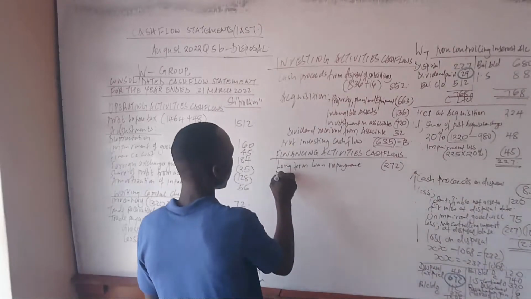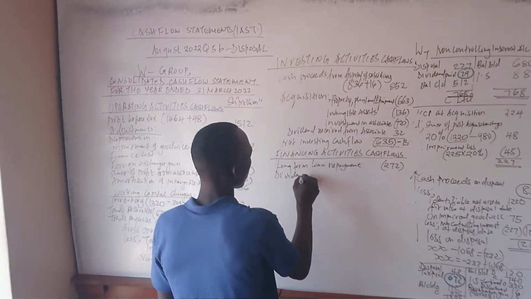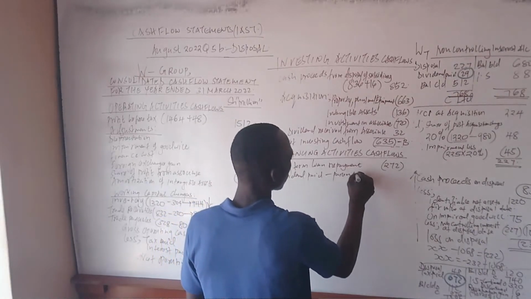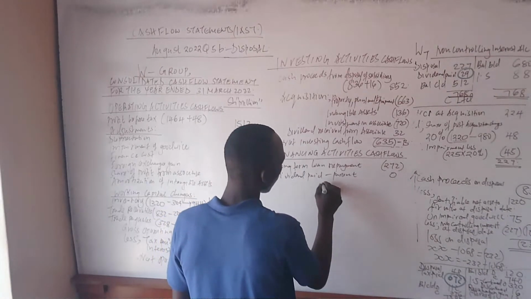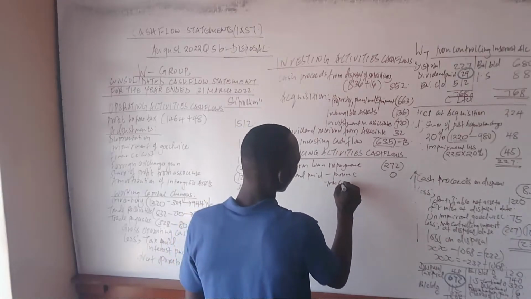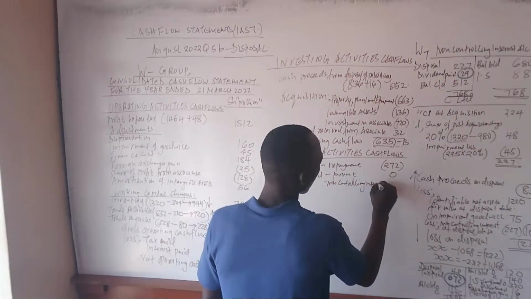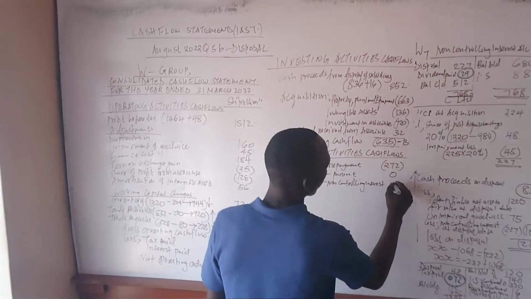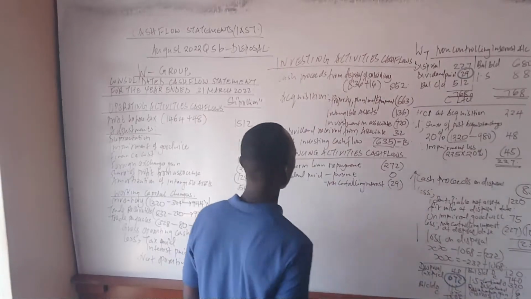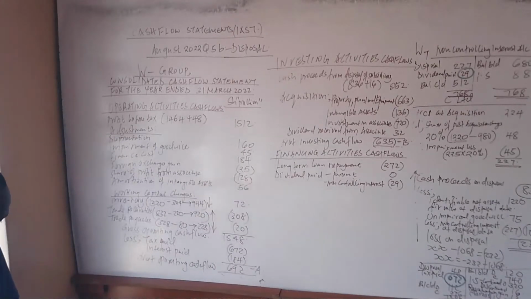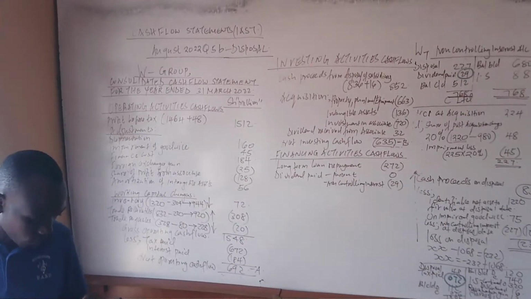Then we had the dividend paid, and this dividend paid to the parent, there was nothing. And then we have non-controlling interest. We paid how much? We paid 29, isn't it? Then from there, what else? Other than those two, anything else?